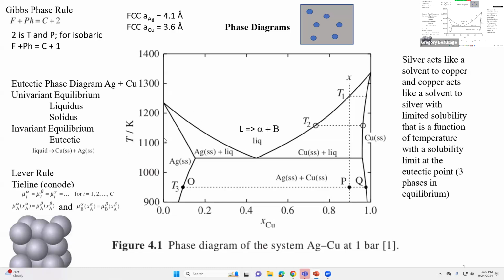So this is a mixture of silver and copper. They both have the same crystallographic structure, FCC. So you have simple cubic, which would be the corner ones, and you put one on the face. Then every face has the same one. That ends up having the same density as HCP, hexagonal close packed.